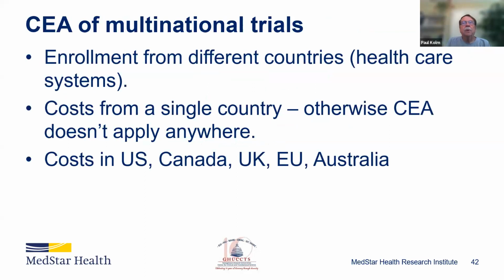Well, you can't really do that, otherwise your incremental cost effectiveness ratio doesn't apply anywhere. When you have multinational trials, it's pretty easy to get costs of different events from the more wealthy countries, obviously, whereas it's more difficult to get those from the not so wealthy countries.